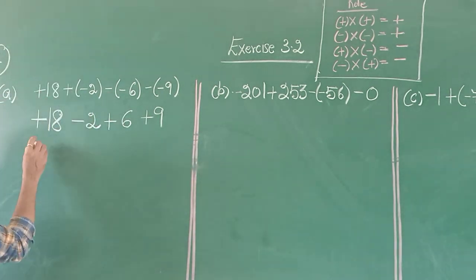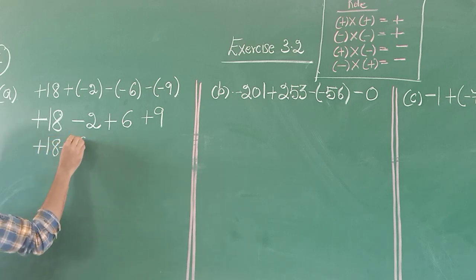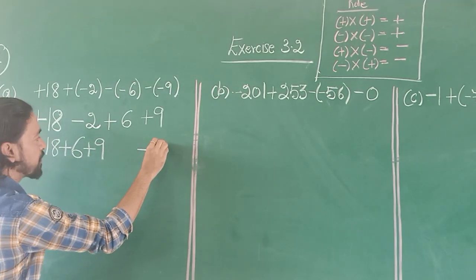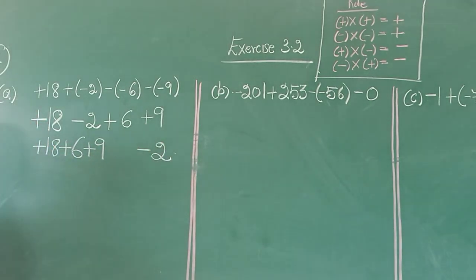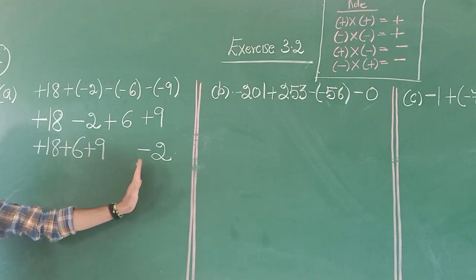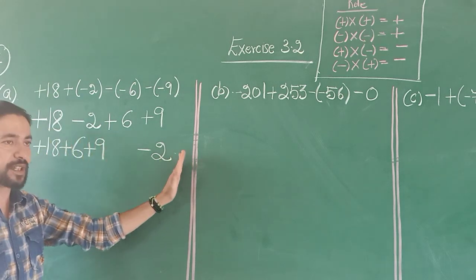Now let's choose our positives. Plus 18, plus 6, plus 9, and I leave some space and write minus 2. So I have all my positives together and negatives separate.